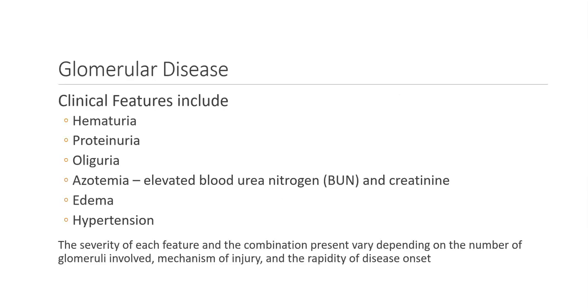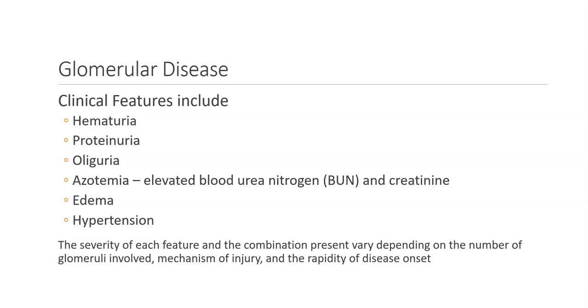When damage is done to the glomeruli, the clinical features include hematuria, blood in the urine; proteinuria, excessive protein in the urine, which should not occur; oliguria, which is decreased urinary production; azotemia, which is elevated blood urea nitrogen and creatinine, and the BUN is a test done on the blood; edema, swelling, because in some instances you're retaining water and not excreting it enough; and hypertension, high blood pressure, which can really have a negative effect on the kidneys.